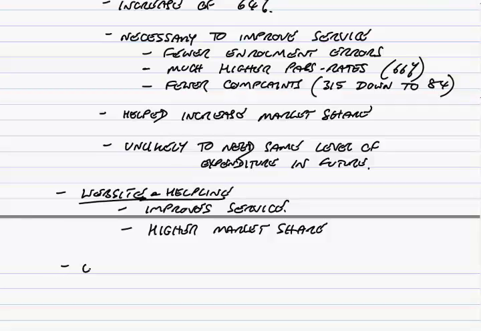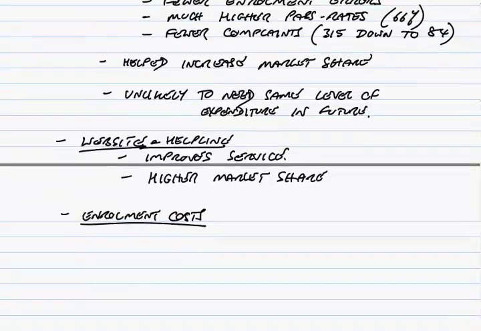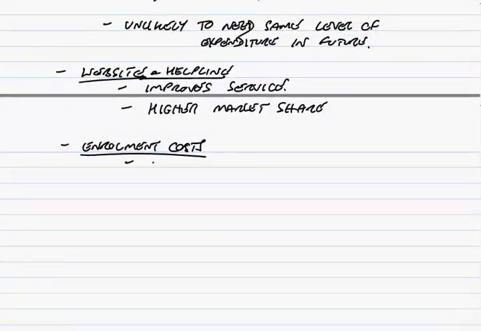Finally, enrollment costs. Huge reduction. I'm not even going to waste time with a percentage. To go down from 5,000 to less than 1,000 is massively substantial. But why has that happened?